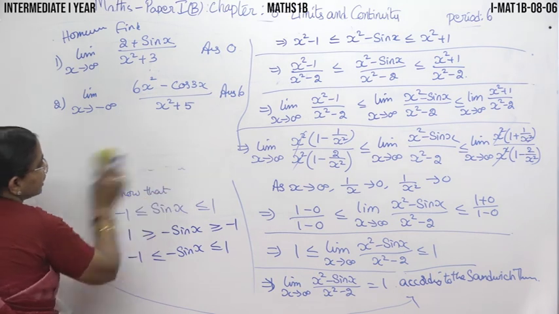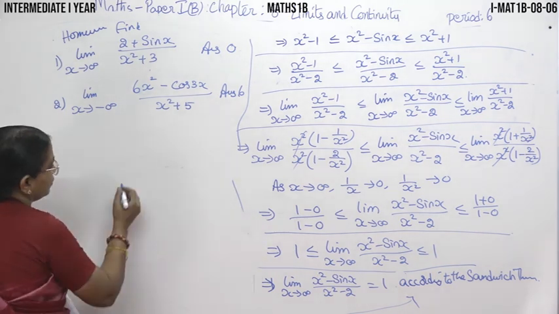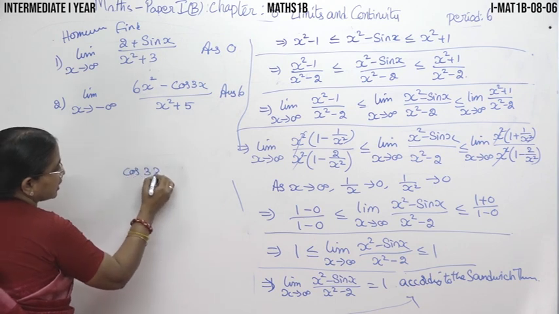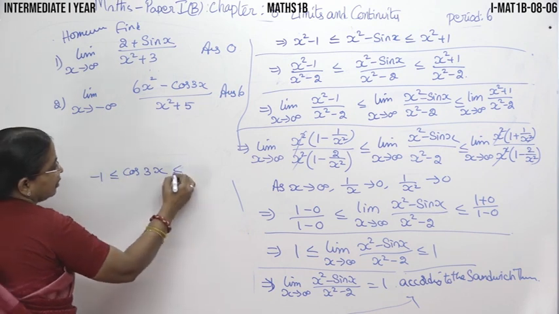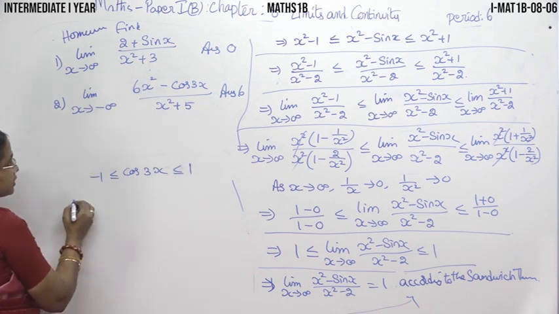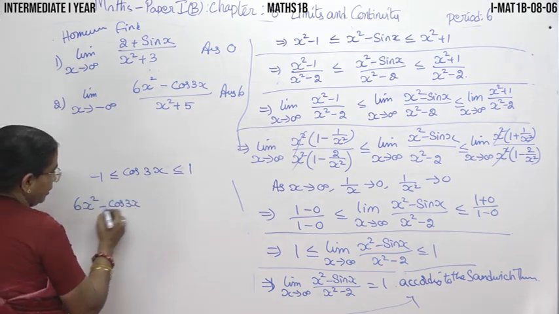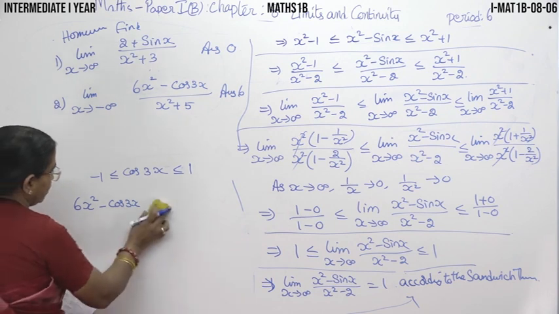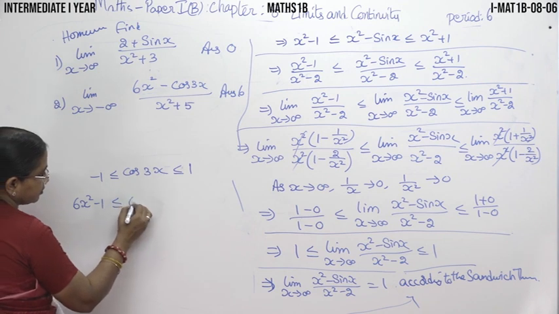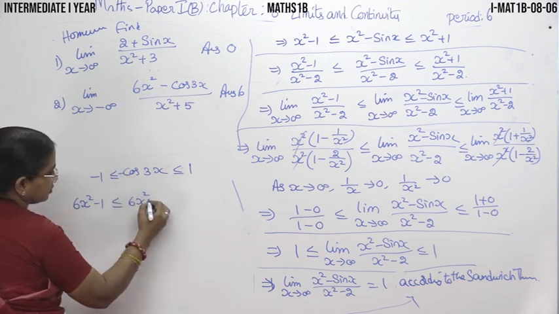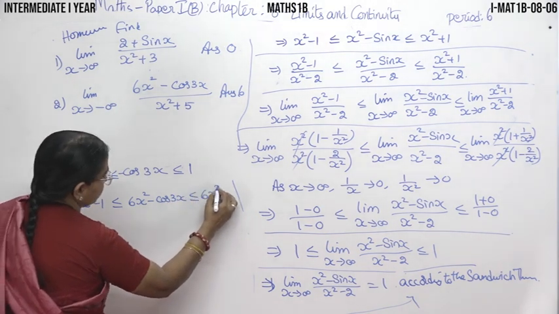Here also cos 3x lies between minus 1 and 1. Same type of steps. So cos 3x lies between minus 1 and 1. Minus cos 3x lies between minus 1 and 1. That also you'll get. Then add 6x square on both sides. Then 6x square minus 1 is less than 6x square minus cos 3x, which is less than 6x square plus 1.